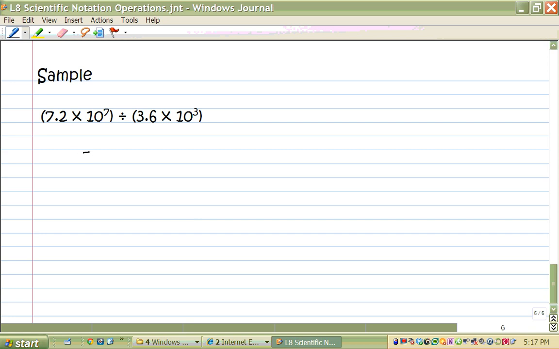This is the same thing as 7.2 divided by 3.6 times 10 to the 7 minus 3. I wanted to show you one like this so you wouldn't be confused if you saw it in your notes, because you know how to do it in a fraction. 7.2 divided by 3.6 is 2 times 10 to the 4th. Pretty easy, right? I think so.